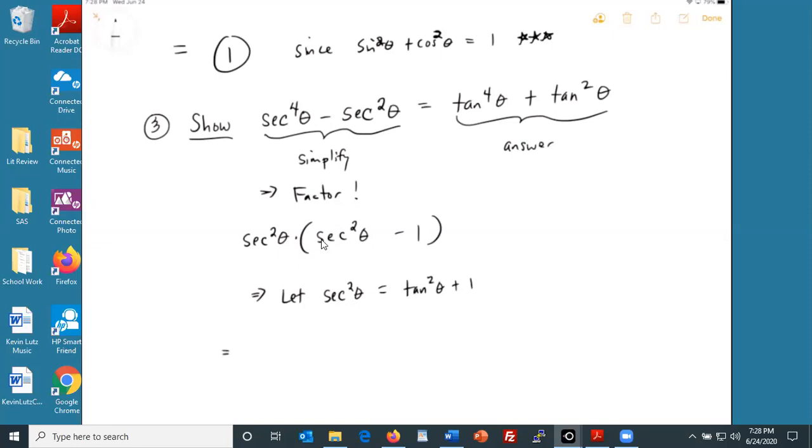So we get, the first one is just secant squared. So we get tan squared plus 1 times. Now notice there's a secant squared minus 1. Bring down the minus 1. Now make the substitution for secant squared, which is tan squared plus 1.